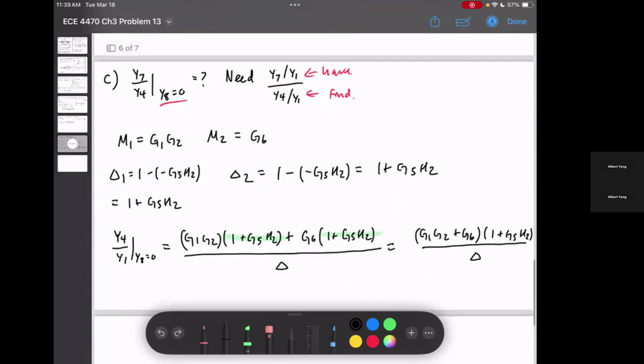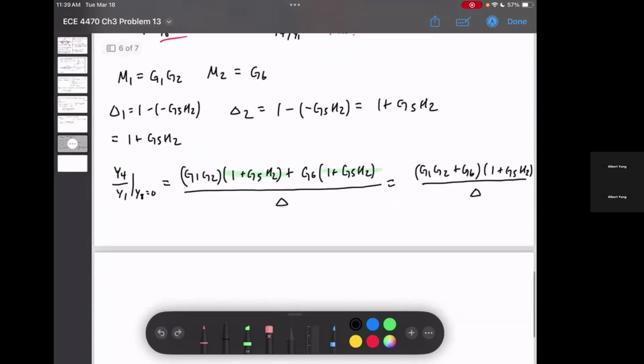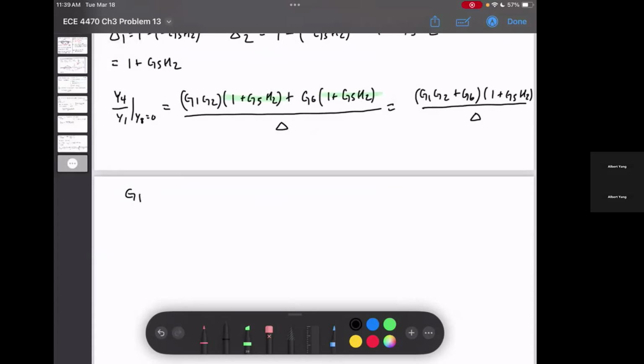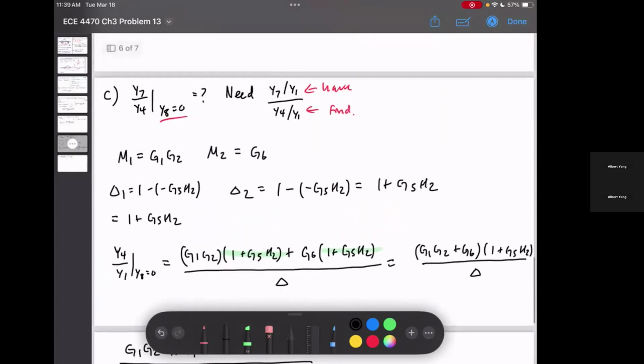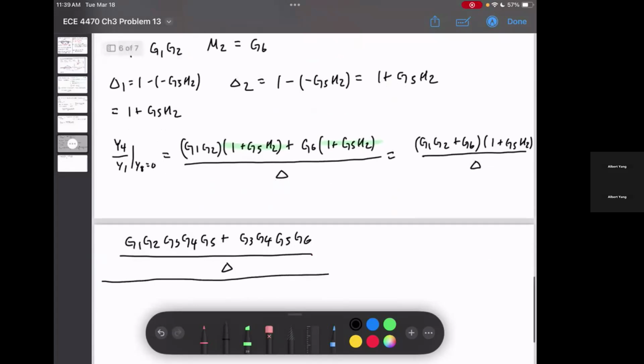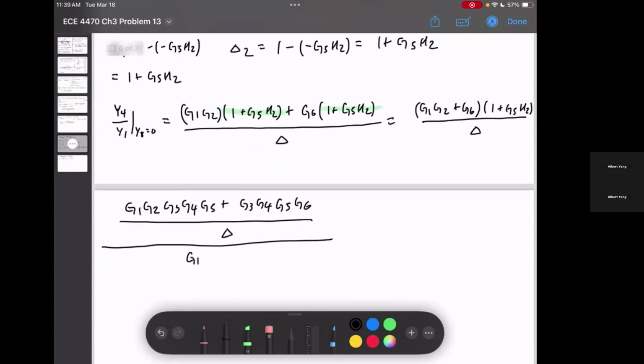We have y7 over y1 would be G1, G2, G3, G4, G5 plus G3, G4, G5, G6 divided by the determinant, and this is going to be divided by our G1, G2 plus G6 times 1 plus G5H2 divided by the determinant.